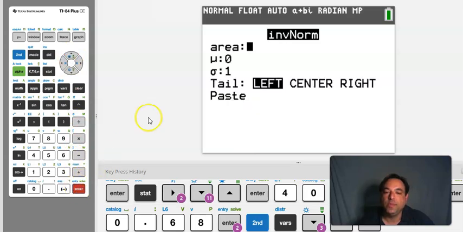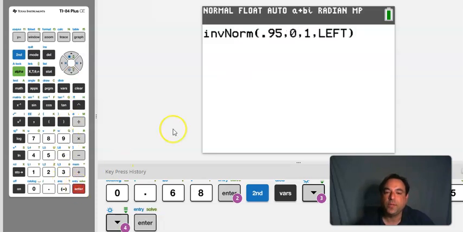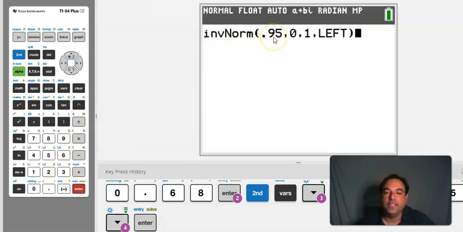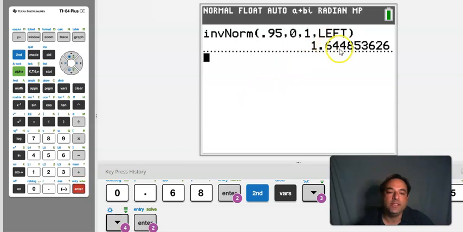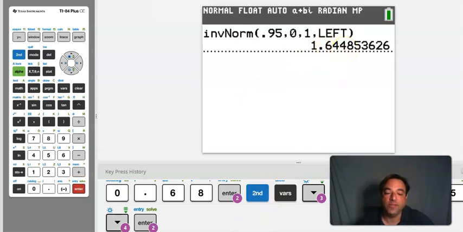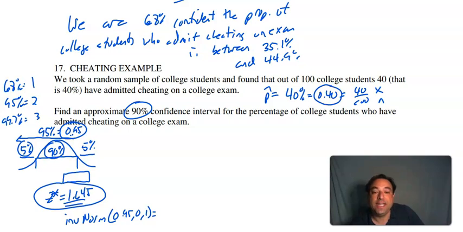The area to the left is 0.95, mu is 0, standard deviation is 1. Go to paste, close the parenthesis, and you will get 1.645 as well.